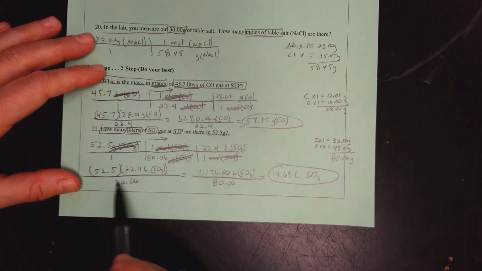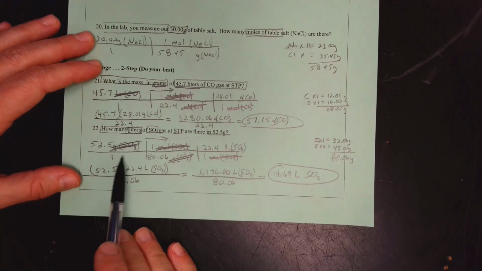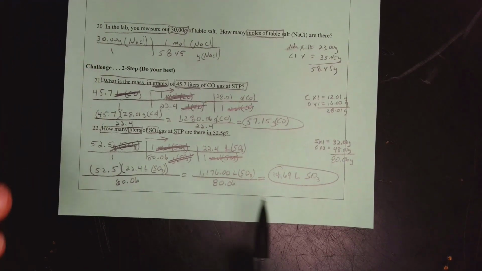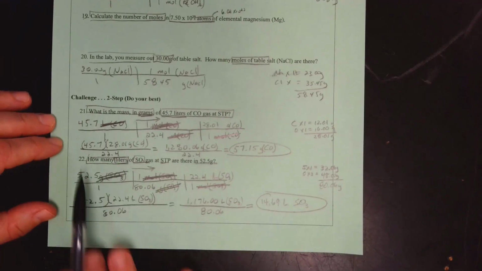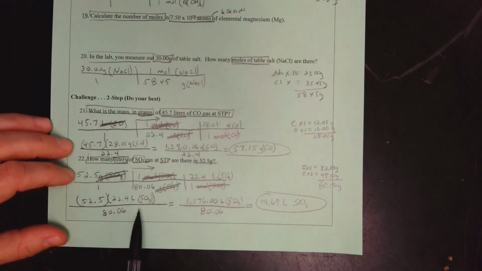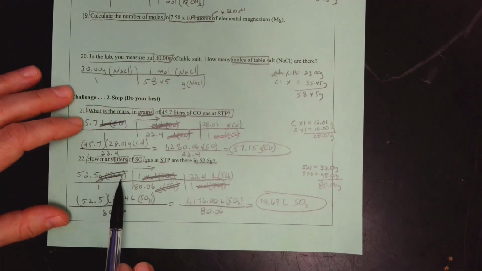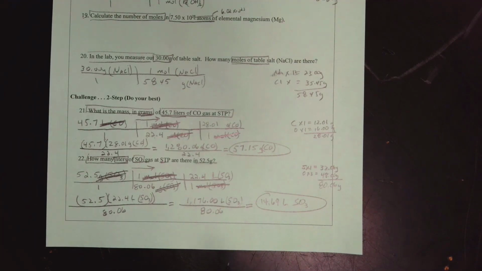Anyway, but again, when you're setting this up, these are all one-step problems up here. This is our first introduction into 2 steps. And just remember, you guys, when it comes to the common thing, if I'm dealing with volume or I'm dealing with mass, the commonality is moles.